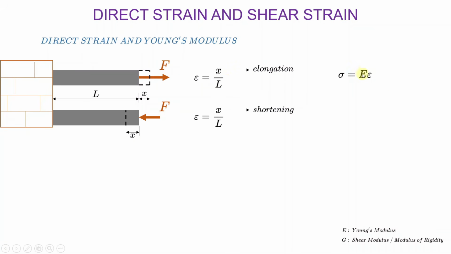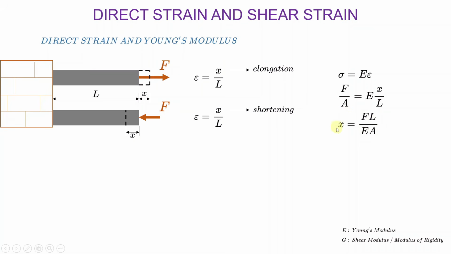So if we replace the direct stress and the strain by what they are equal to, what you get is something like this, okay? And from this, then you can get an equation for X, which is really going to be useful in this module, okay? So if you rearrange this equation, you can then write that X is equal to FL divided by EA.